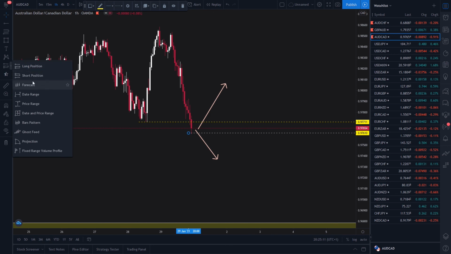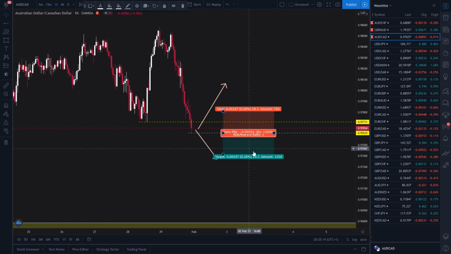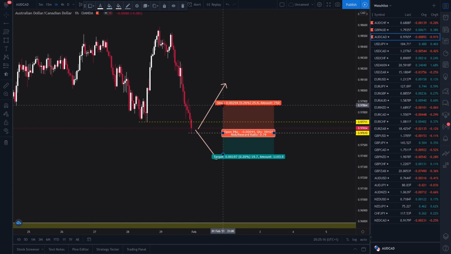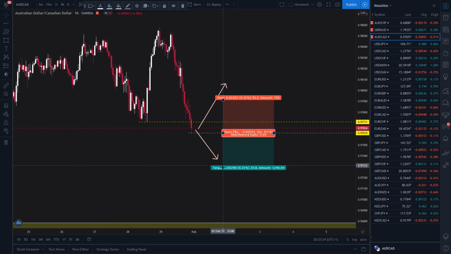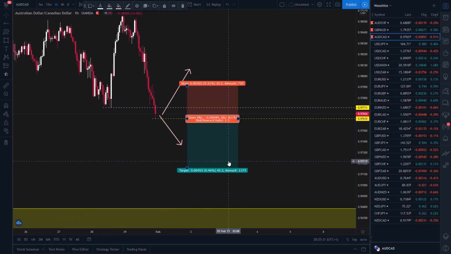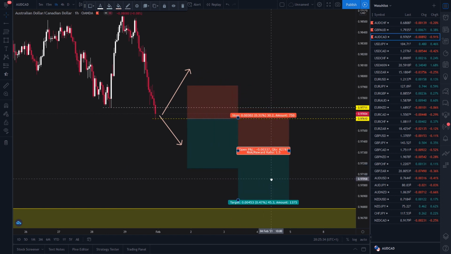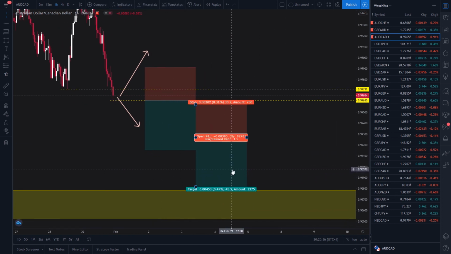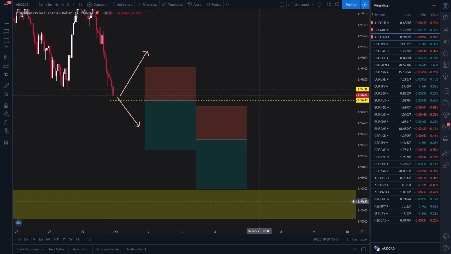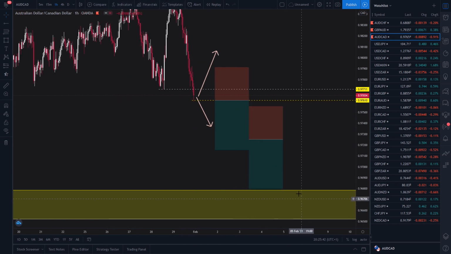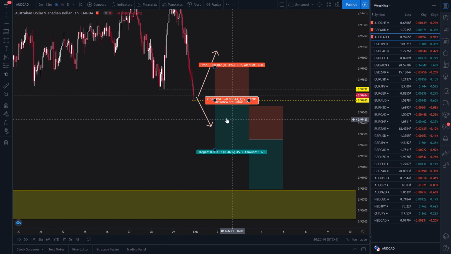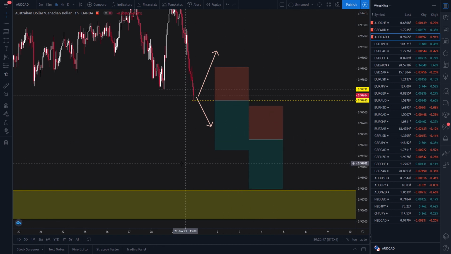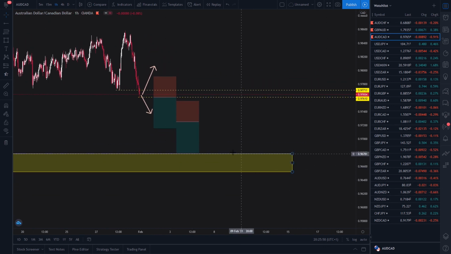So I'll be setting up my sell for now, and my stop loss will be around 30 pips in here, and we will go for a 1-to-5 risk ratio again, and we can scale it up later until we reach the buy zone, which is this one. And when the price hits the buy zone, I'm gonna be taking profit from the short trades and looking for price action on a buy.